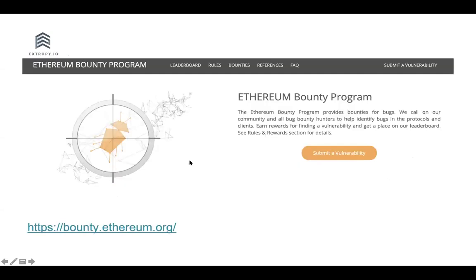There are also lots of bounty programs. This is the Ethereum bounty program, but I would say the majority of blockchain projects have bounty programs. It's a great way to investigate and learn more about blockchain and about specific projects, but also, if you're interested in working in these areas, to get your name known to the people in these projects.